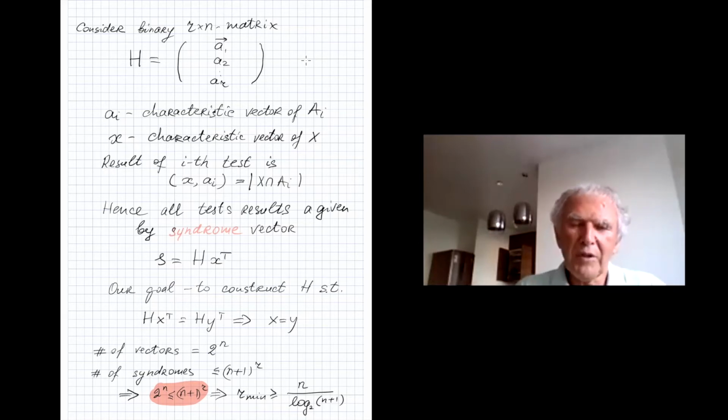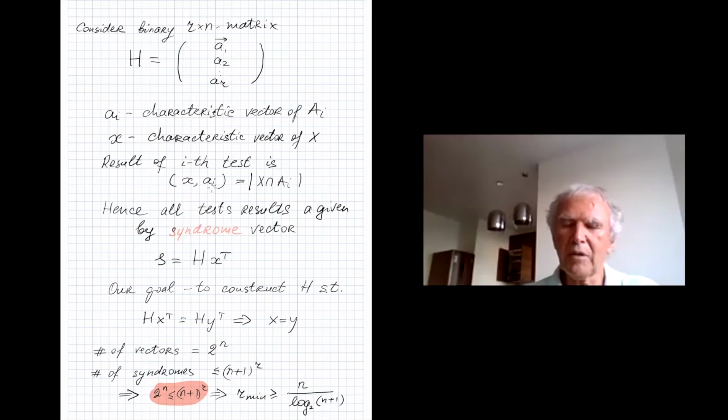Therefore, as they have only 0s and 1s, their scalar product is the number of positions where both vectors have 1s. So this is the intersection. Therefore, all results of our tests can be obtained as just the product of our matrix H and this characteristic vector x.